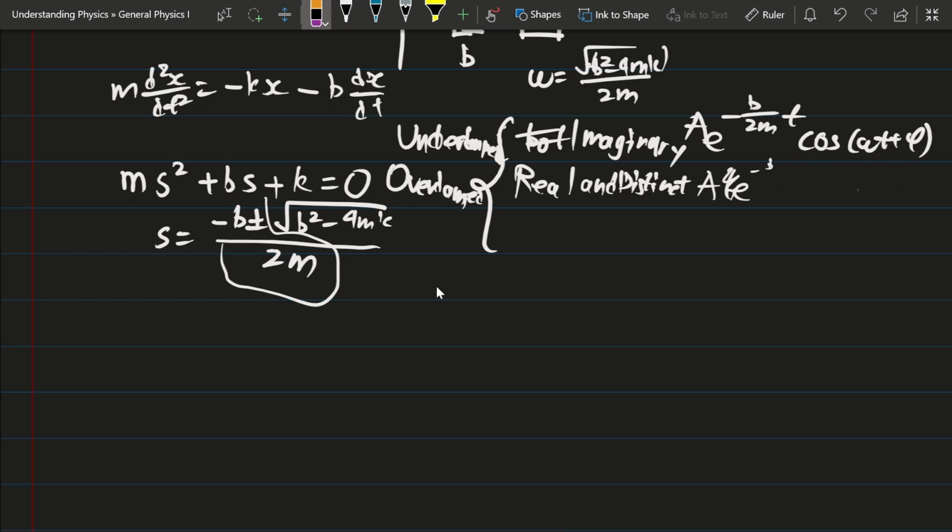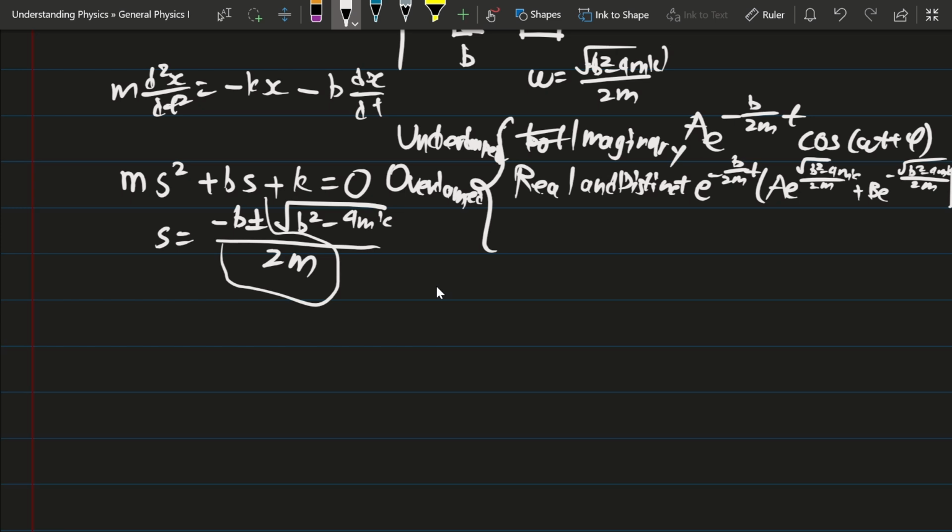Let me write this in a more fashionable way. It's e to the power of negative b over 2m t, times a e to the power of the square root of b squared minus 4mk over 2m, plus b e to the power of negative square root of b squared minus 4mk over 2m. So that's the overdamped solution.